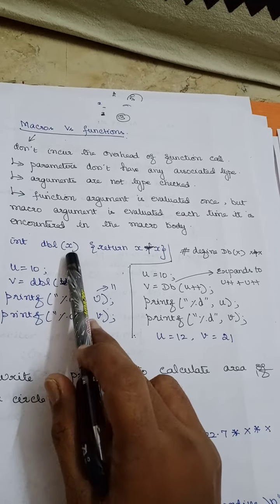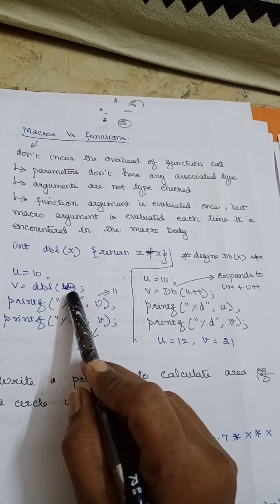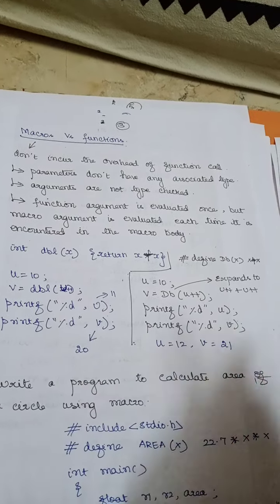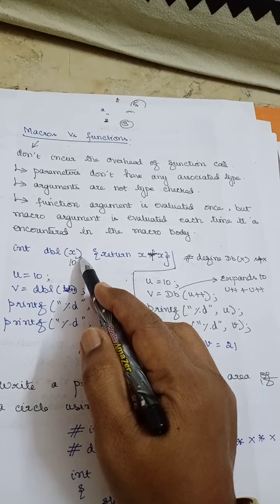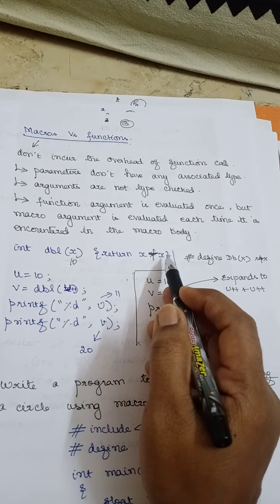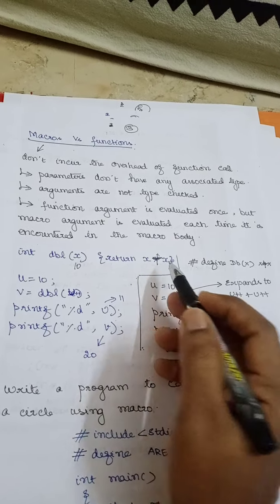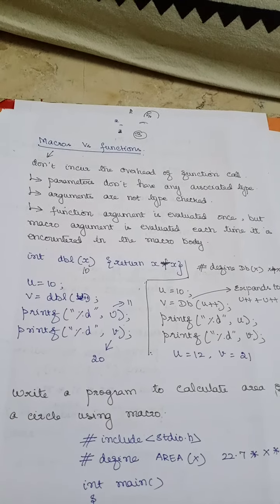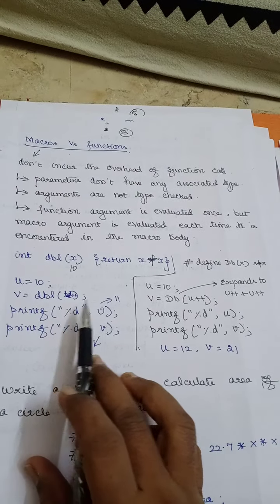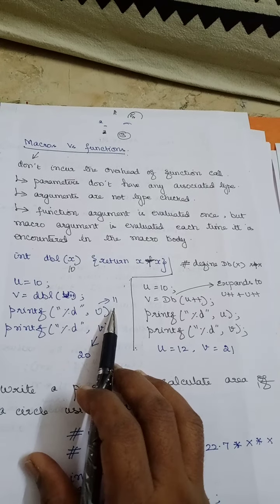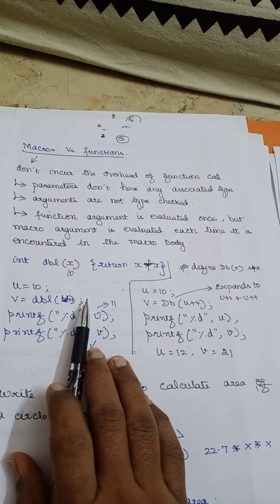First u will be passed here and then it will be incremented, right? So 10 will be passed here. So x plus x means what? 10 plus 10, 20 will be assigned to v, right? And u plus plus means 10 will be incremented to 11. This is a function, right?